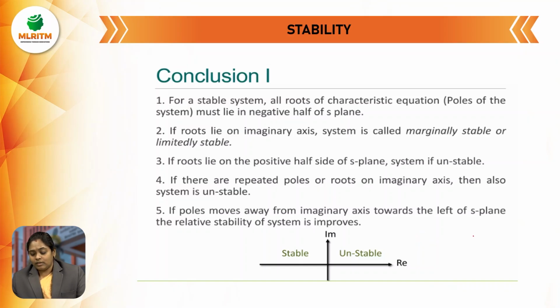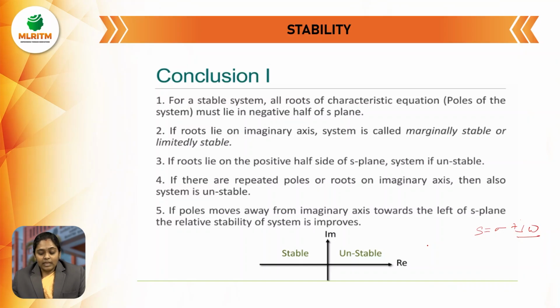In general, we represent s as sigma plus j omega. Here the real axis is the sigma part and the imaginary axis is the j omega part. As I told you just now, the complete stability of the system depends only on the poles of the system, but not on the zeros of the system.